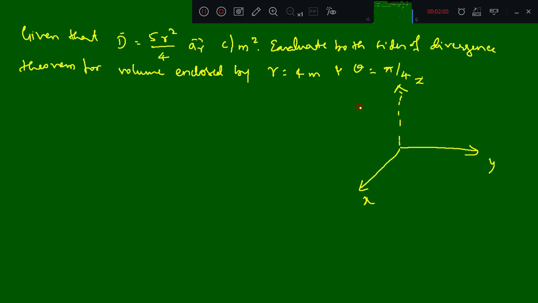So this is the diagram given. Then the angle is 45 degrees, pi by 4, it is 45 degrees.